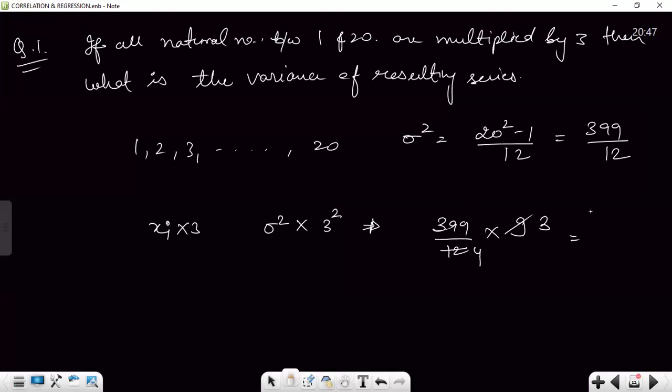If I calculate it, 9 3s are 27, 2 carries 7, 3 3s are 9, 9 and 7, 16, divided by 4. So this will be our answer, the new variance. Because the whole series was multiplied by 3, the variance gets multiplied by 3 square.